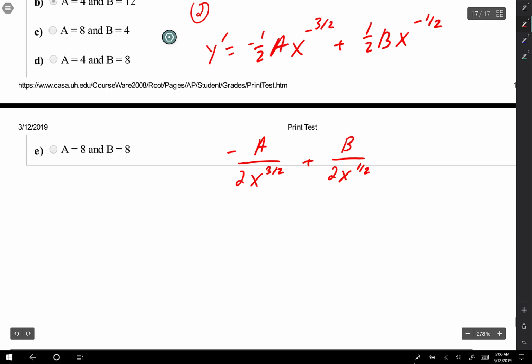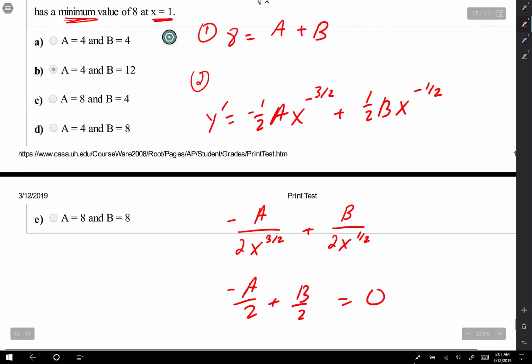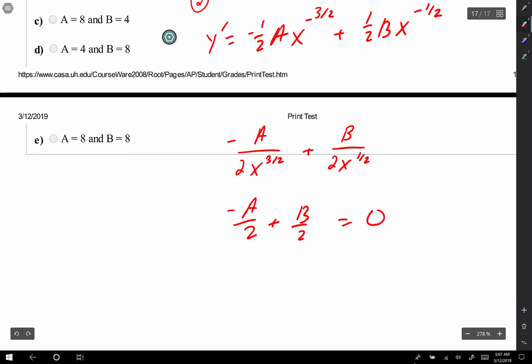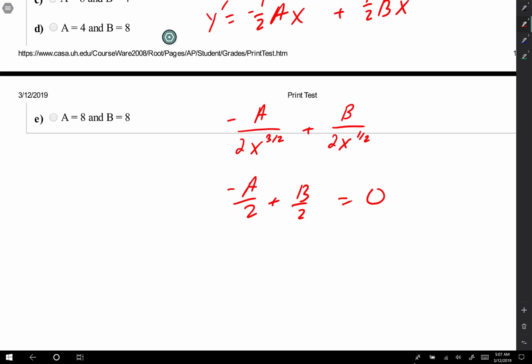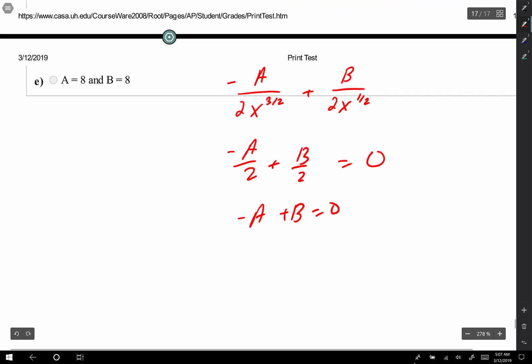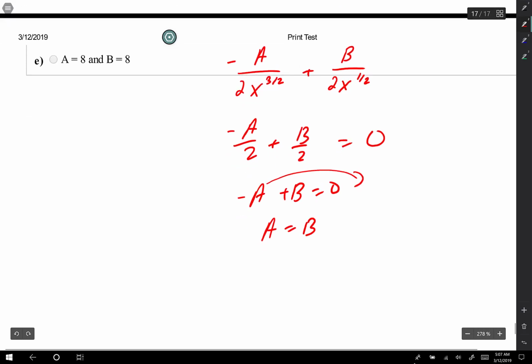So I'm going to plug in a 1 for x. So negative a over 2 plus b over 2 equals 0. So that means times 2 everything. Negative a plus b must equal 0. So that means a equals b, if you move the a to the other side.